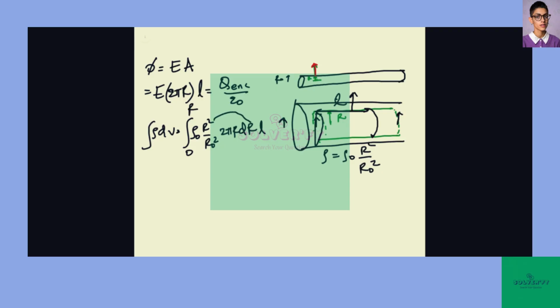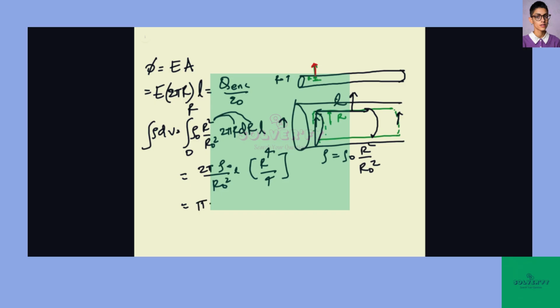Now this is an r cubed dr form, which will give us r power 4. So the answer turns out to be 2 pi rho naught by r naught square L into r power 4 by 4.